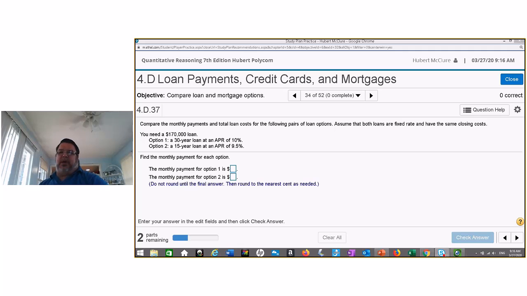Okay, I'm going to write this information down while y'all are still looking at the problem. N is equal to 12, and P is equal to 170,000.